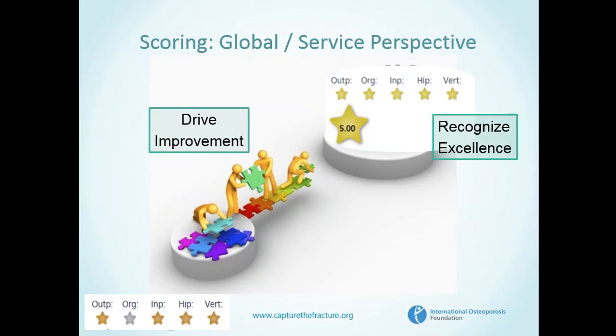Of course, someone who has got a 5.0 will wish to maintain it when it's reviewed, and those who are lower will try to reach there. And it's important to recognize excellence, and it also turns out that when you have been scored, you're more likely to get funding to improve your service.